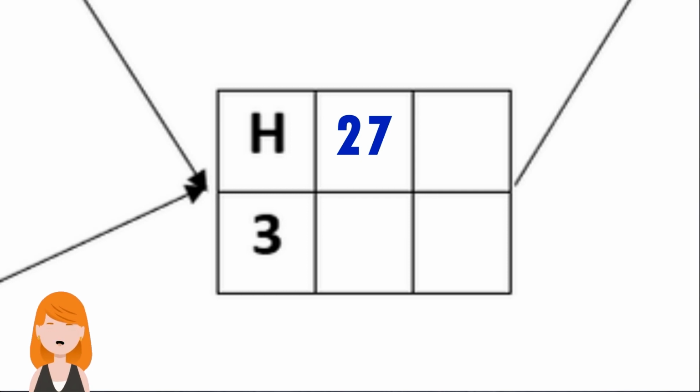It is the same process as G, which needs D and E to finish before it can start. So H finishes at 27 plus 3, which gives 30.